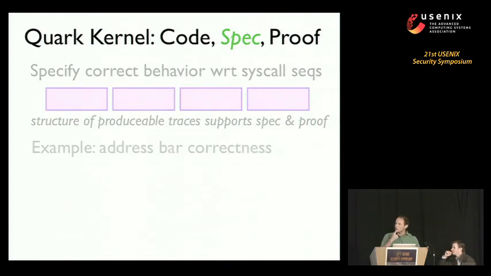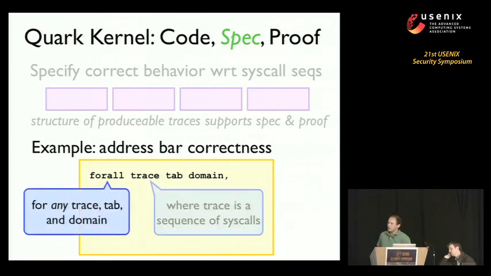Now, to give you a feeling for what the spec looks like, let's take a brief overview of the theorem for address bar correctness. I'm going to show you just a slightly simplified example. The full details are in the paper, and you can also check out our code, which is available online.